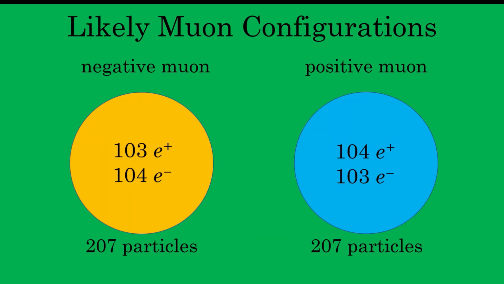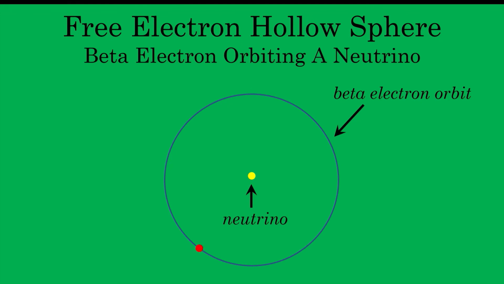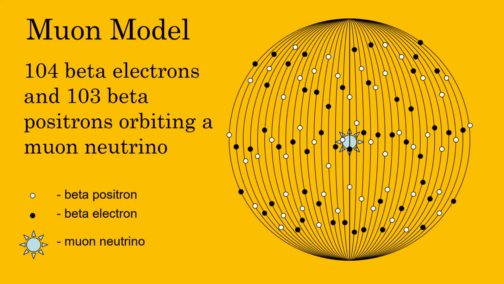If there are 207 beta electrons and positrons making up the muon, then the moment of charge produced by them generates the additional muon magnetic moment over its magneton. This suggests that, like the beta particle in the electron orbiting its neutrino to form it, the 207 beta particles in the muon orbit a muon neutrino to form the muon.